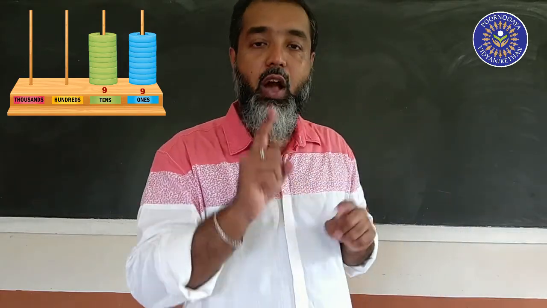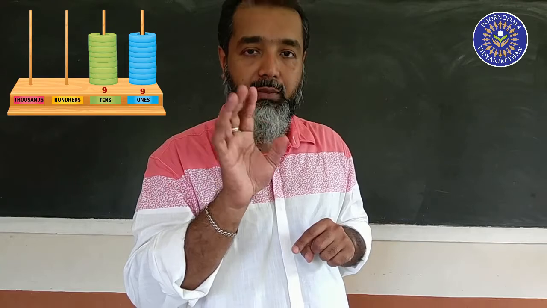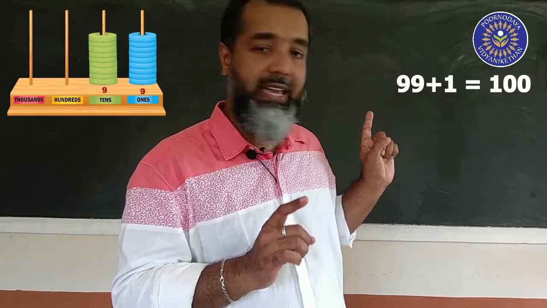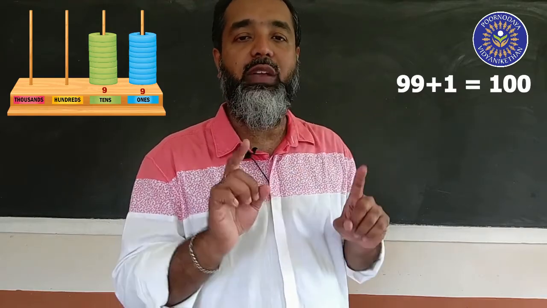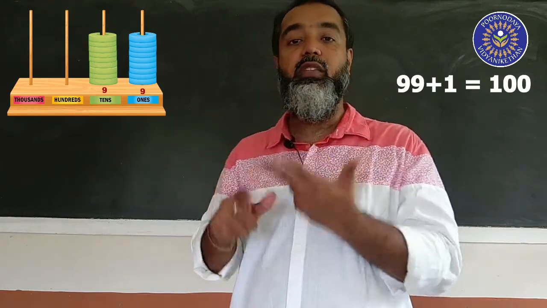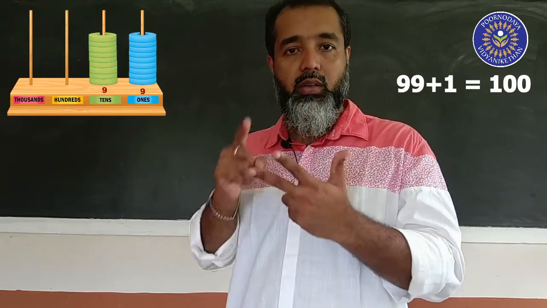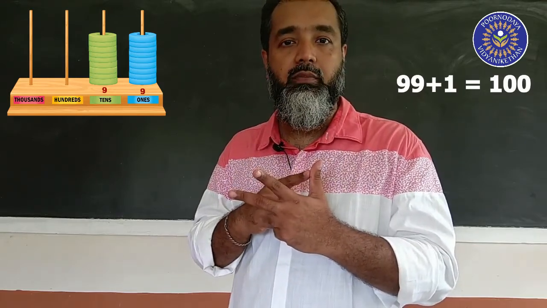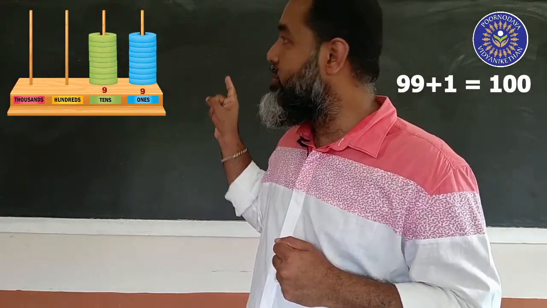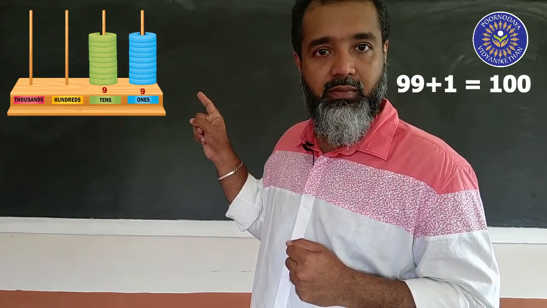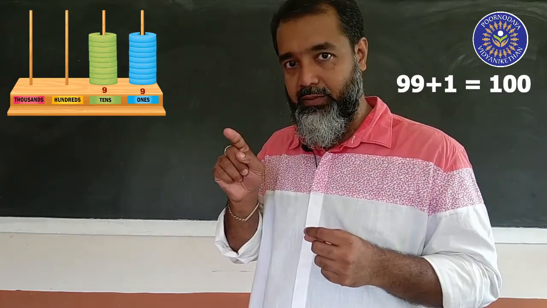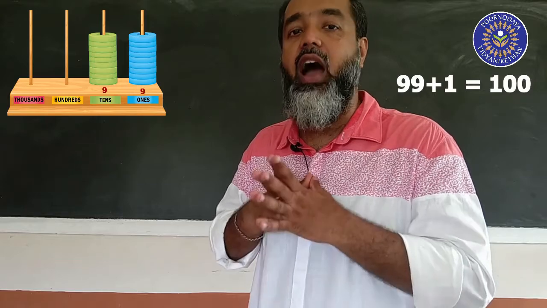Now if you add 1, that means adding 99 plus 1, you will get 100. And that 100, you will have 3 digits: ones, tens, hundreds.